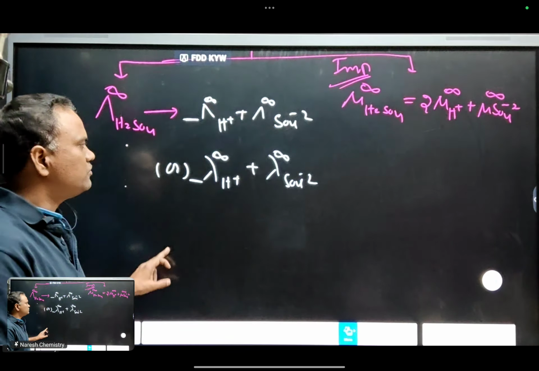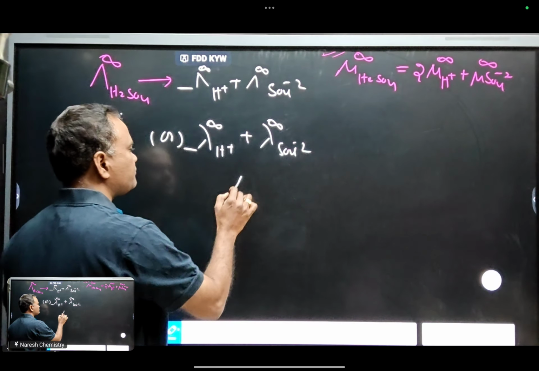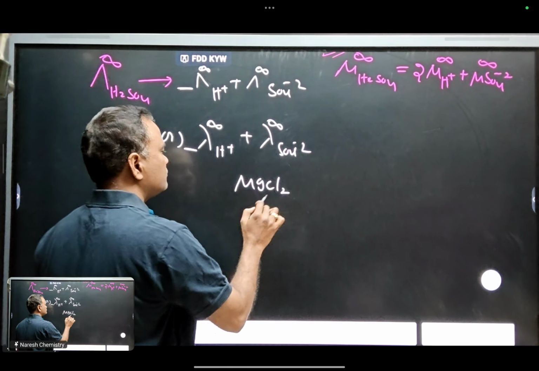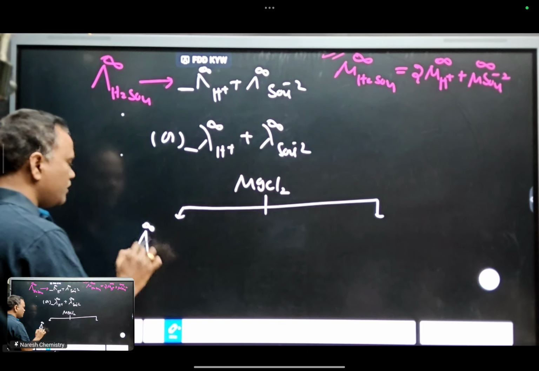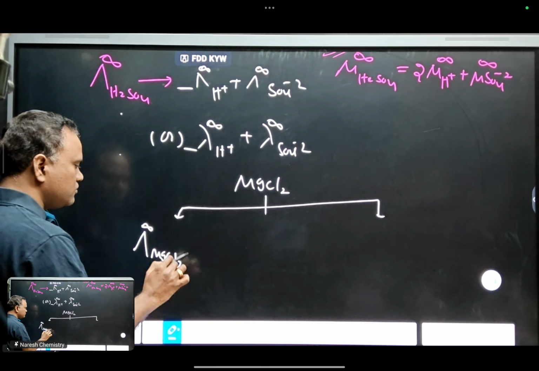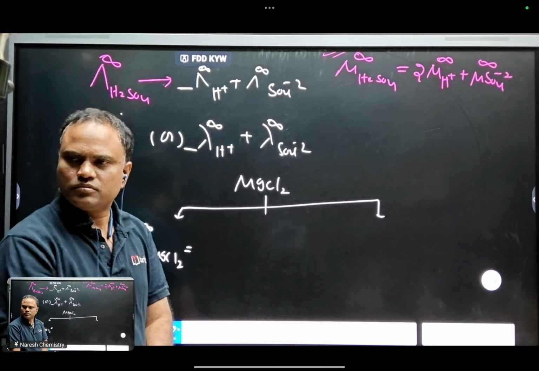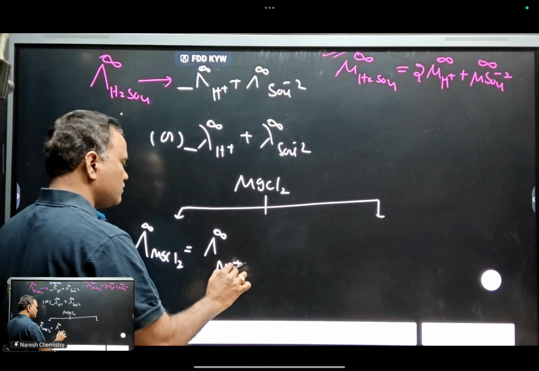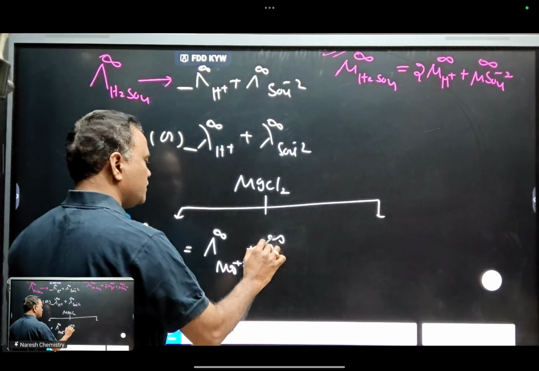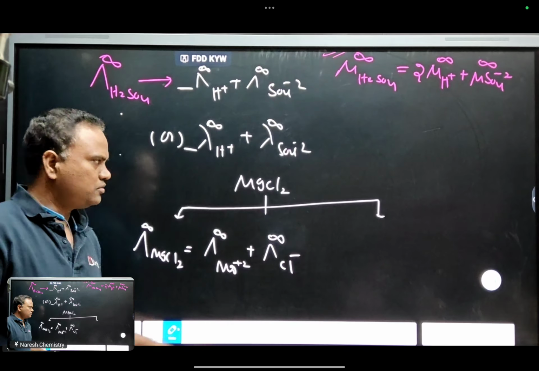Write once, all of you. For MgCl2, lambda infinity MgCl2, lambda infinity Mg 2 plus plus lambda infinity Cl.